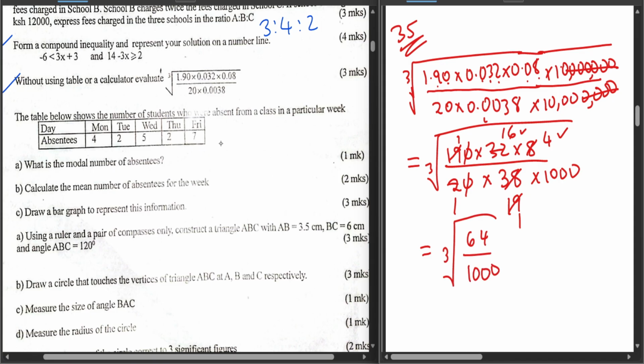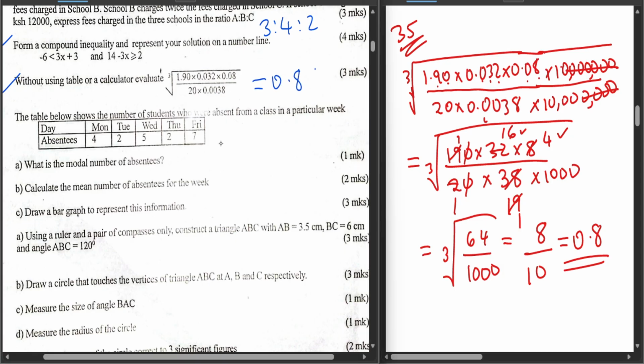And now you just find the cube root of it. Cube root of 64 is 8, and the cube root of 1000 is 10, and therefore your answer is 0.8. So that is the answer without using any mathematical table, but you can confirm using your calculator just in case.